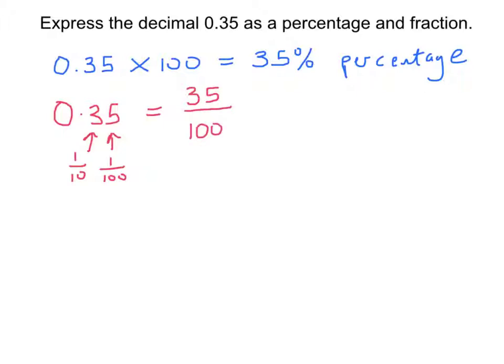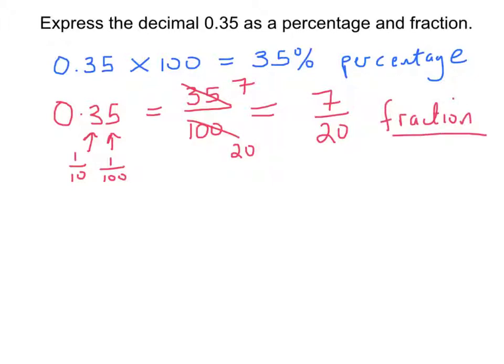We can reduce this fraction further because 5 divides into the top and the bottom. 5 divides into 35, 7 times, and 5 divides into 100, 20 times. So 7 over 20 is the fraction. This is the fraction answer, 7 over 20.